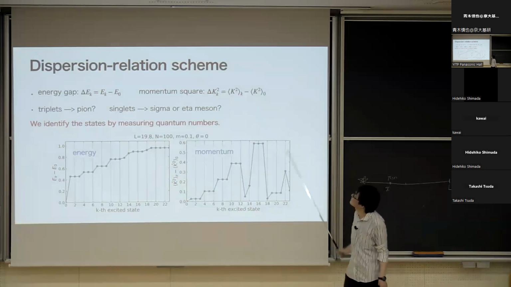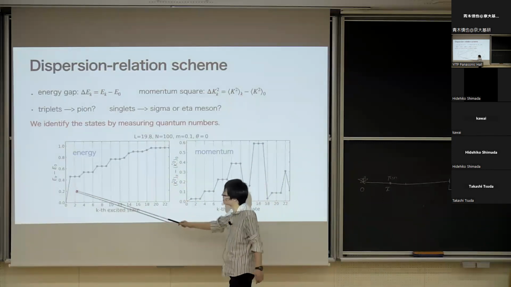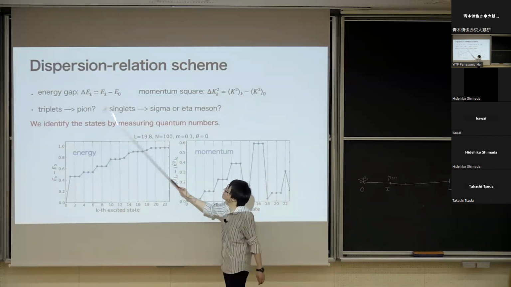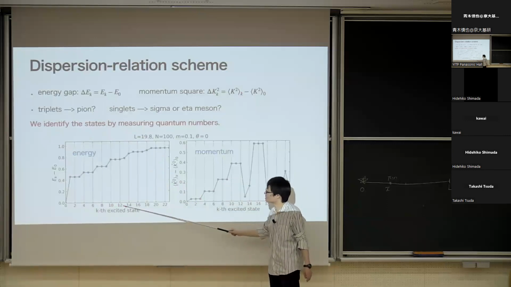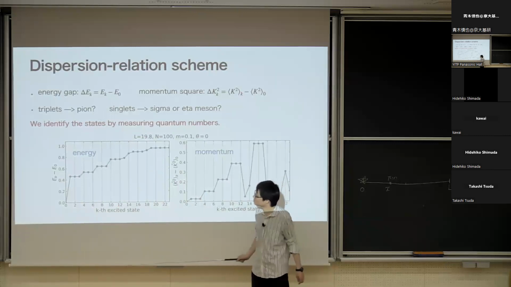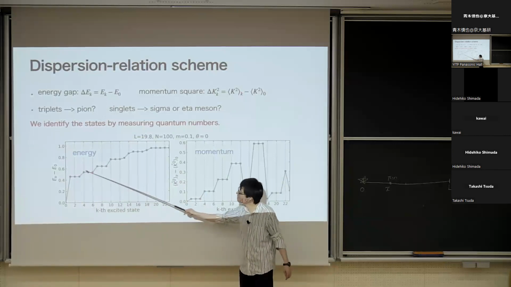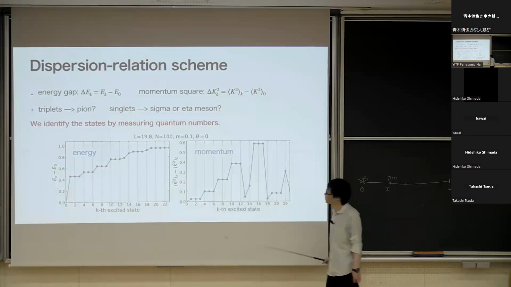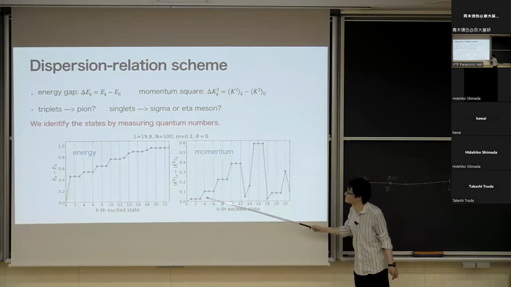The left figure shows the energy gap for each state. The horizontal axis is the level of the state. You can see some degeneracy here, and in the momentum you can also see some degeneracy.